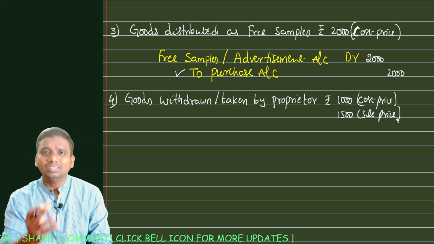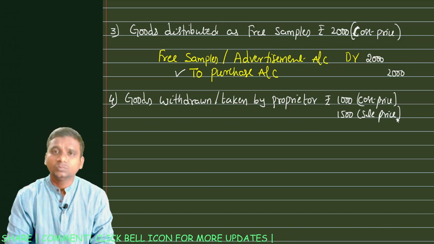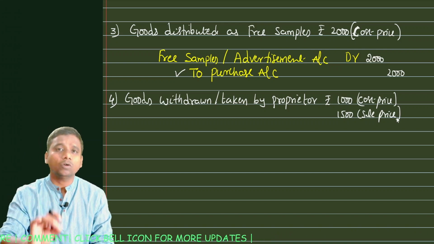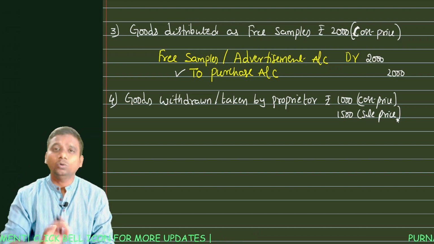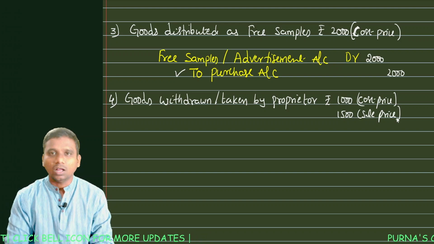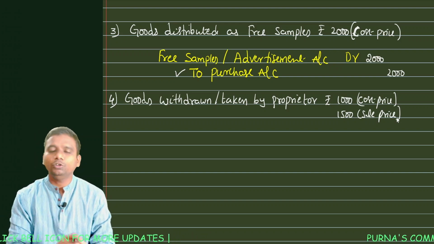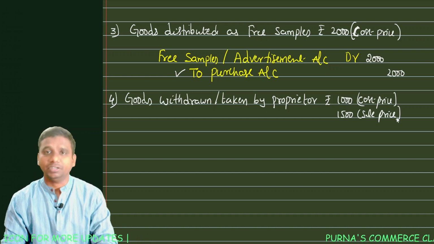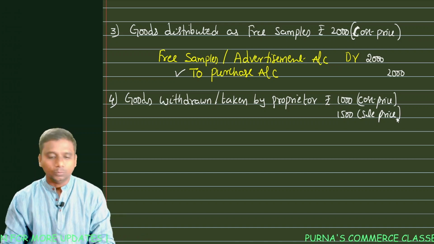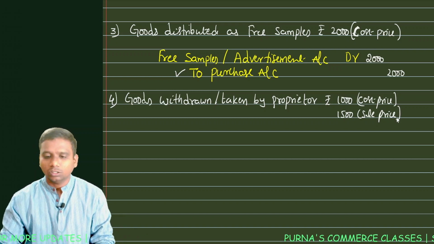By withdrawing these goods by the proprietor, will the business get any profit? No. Business gets profit only when we sell goods. Apart from sale of goods, if you use goods for any other purpose, we don't get any profit. Do remember this. Now, the entry should be written at what price?